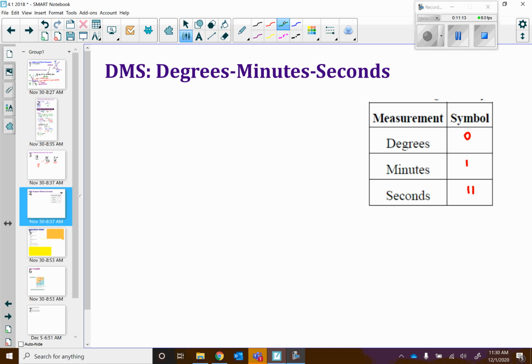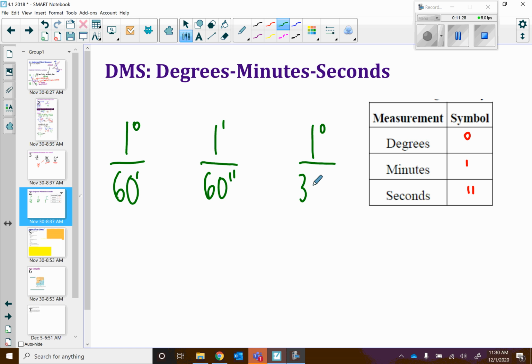The ratios are that for 1 degree, there are 60 minutes. For 1 minute, there are 60 seconds, which means 1 degree is 3,600 seconds. I would use this unit conversion right here, technically, to get over here.